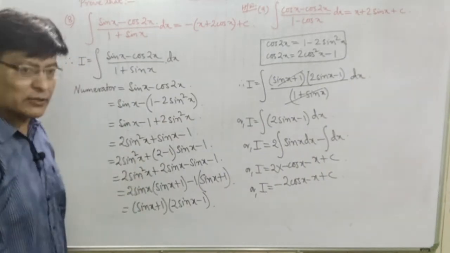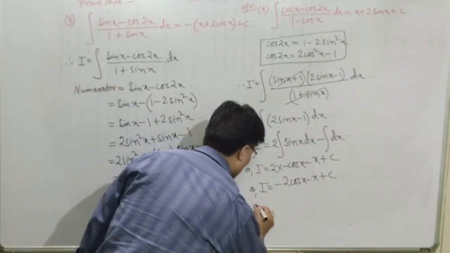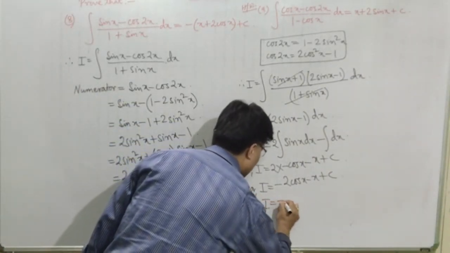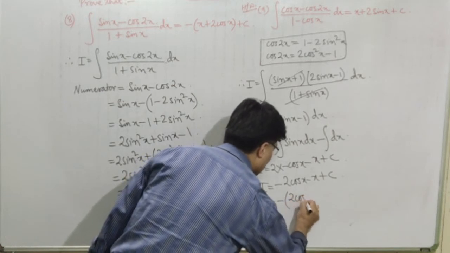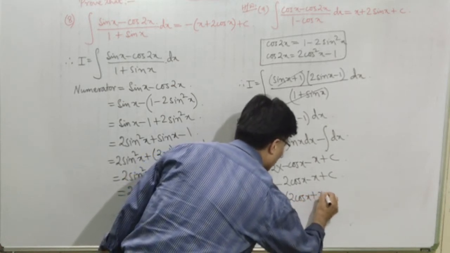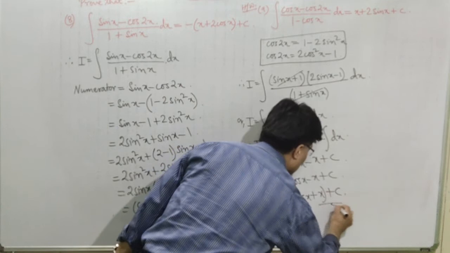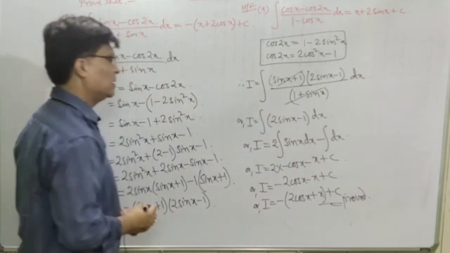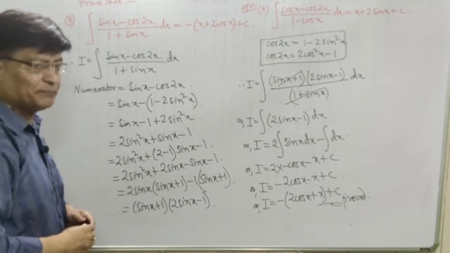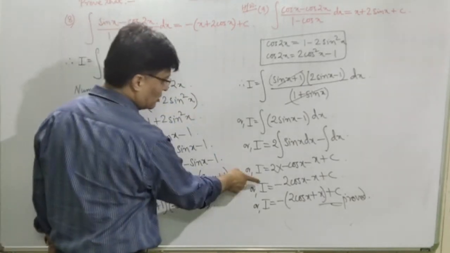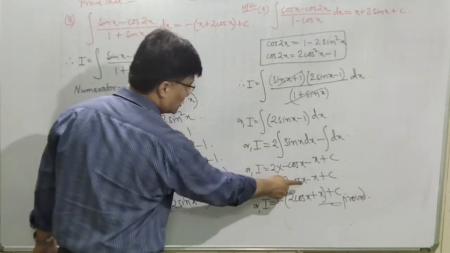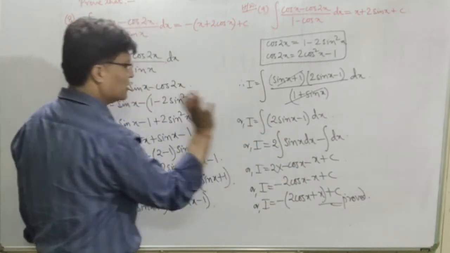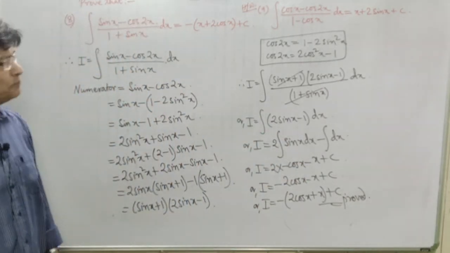So we can take minus common out here. Or I is equal to minus, common within bracket, 2 cos x plus x, bracket closed, plus c. So it is proved. So let us check it once again. Minus is taken common within bracket, 2 cos x plus x, then plus c. So it is done. Okay.